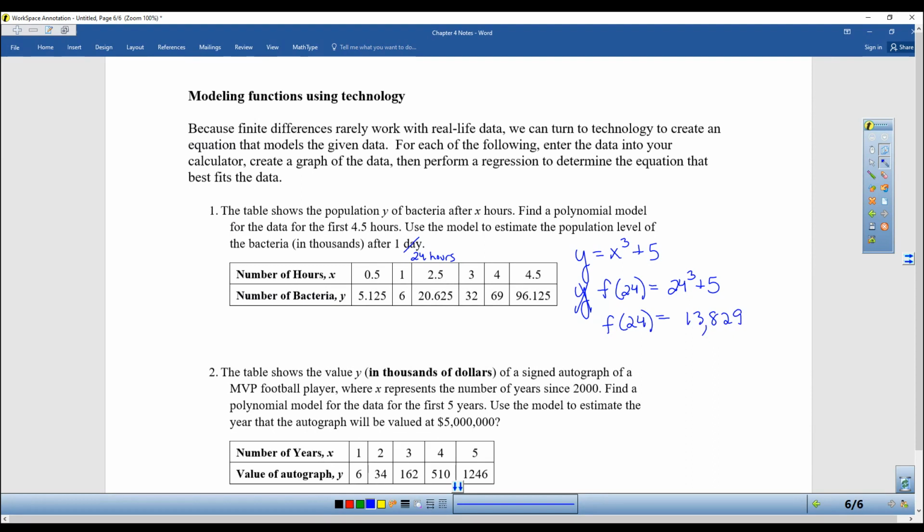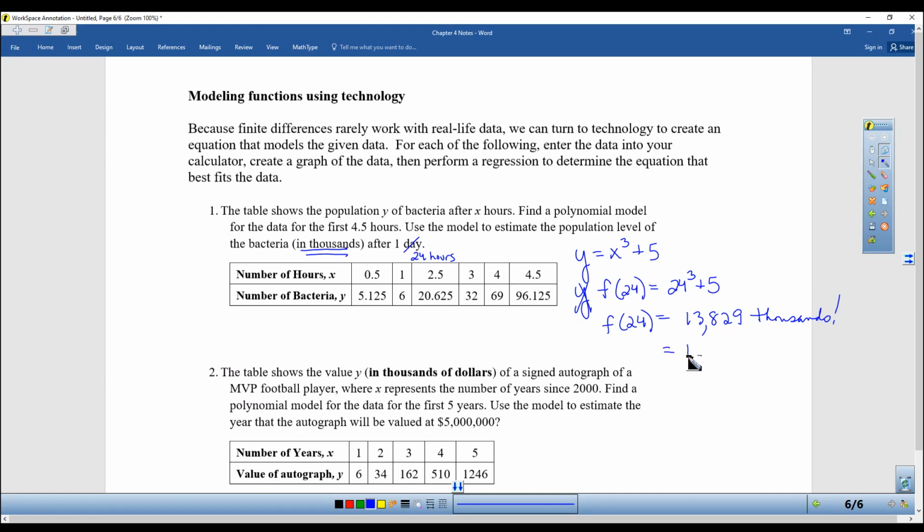13829. So of course, some people are going to stop here, and you're going to miss the last point. This tells you the population of the bacteria in thousands. So it's 13,829 thousands, which of course that's a little silly to write 13,000 thousands.